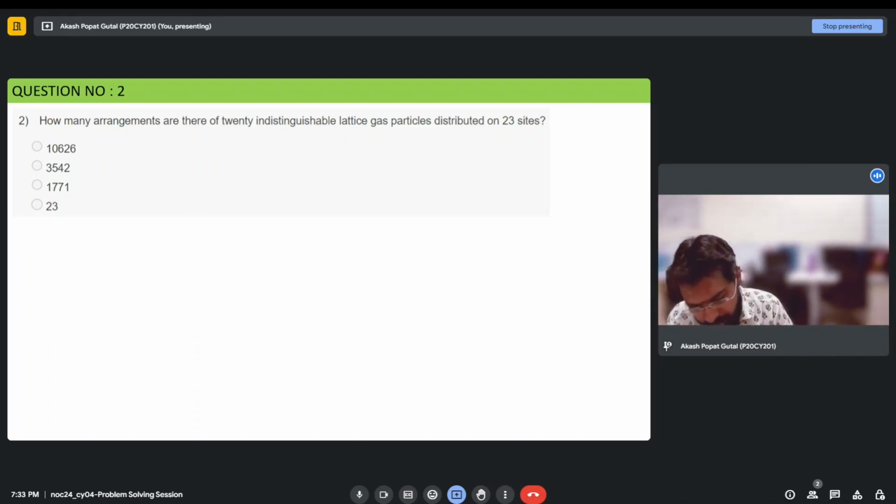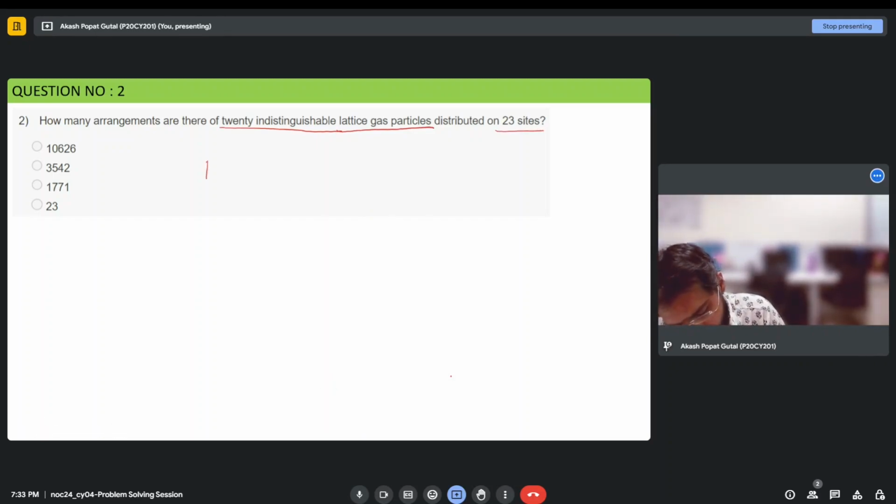So the answer we can find out by using, let's say, what the question is saying is how many arrangements are there of 20 distinguishable lattice gas particles distributed on 23 sites.